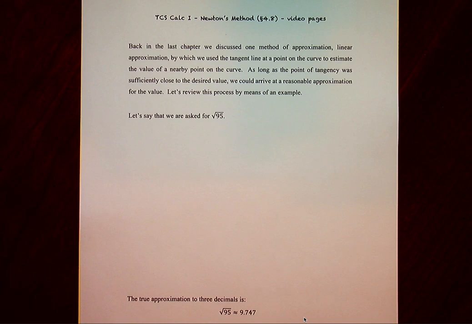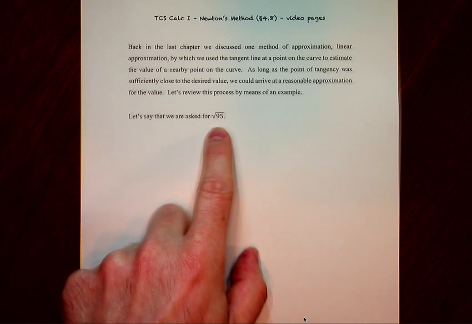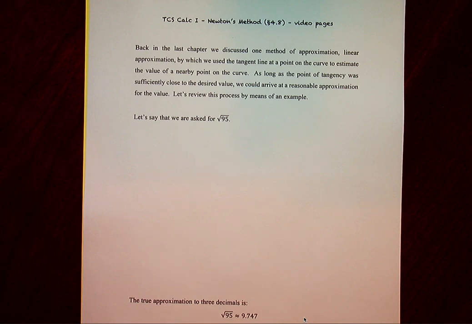Remember that the principle was, if you were looking for, let's say, the square root of 95, you could use the square root of 100 to estimate it, based upon the fact that you could find a tangent line to the curve y equals the square root of x, and that tangent line would lie sufficiently close to the curve.